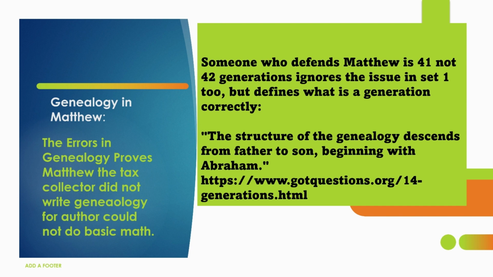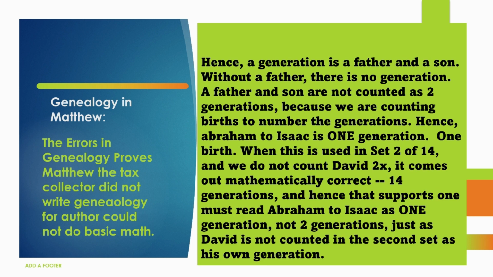But they agree the structure of the genealogy descends from father to son, beginning with Abraham. So in a genealogy of descent, the generation is father to son. You don't count the father's generation, you count the son's generation. So you only have one generation when you count from father to son. The structure of the genealogy depends upon that. And they agree with that. I think anybody else would too.